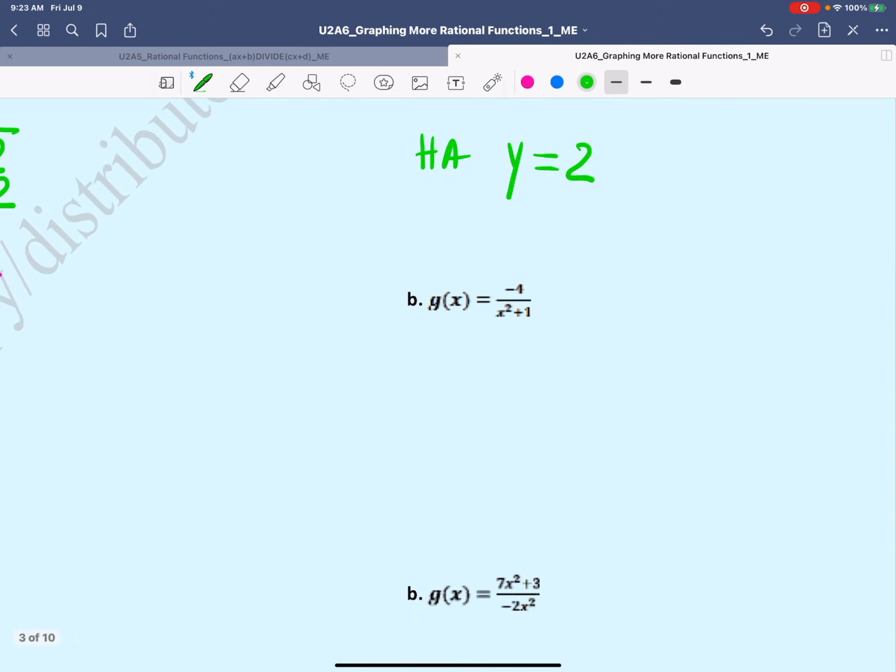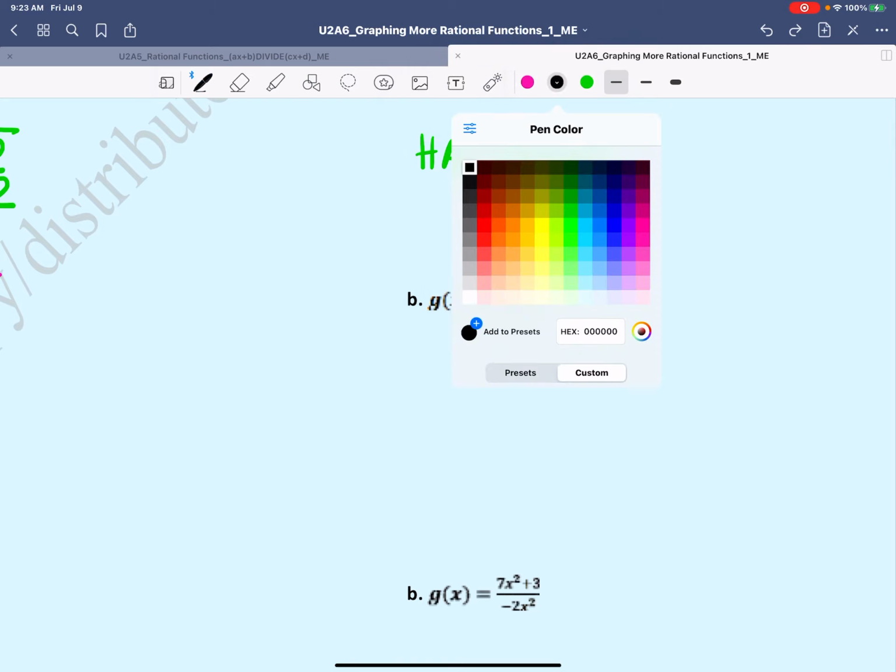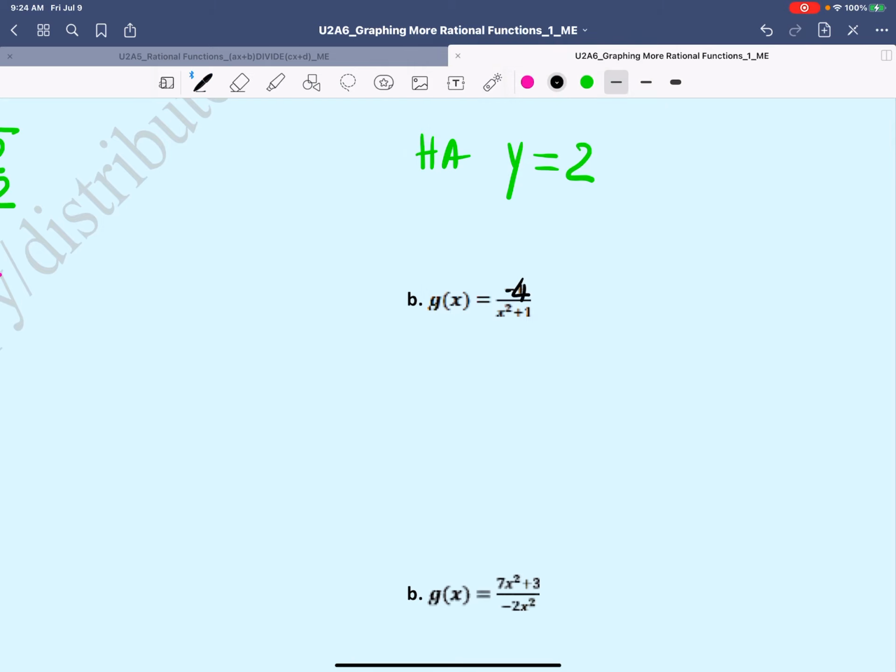Now, take a look at this very interesting function. What we have in here, probably it's not that visible, but this is a negative 4, by the way. I'll make it black as well. So we have negative 4 over x squared plus 1. So the highest degree term here is 2. An x squared is missing from the numerator. So we're going to say that we have plus 0x to the power of 2.